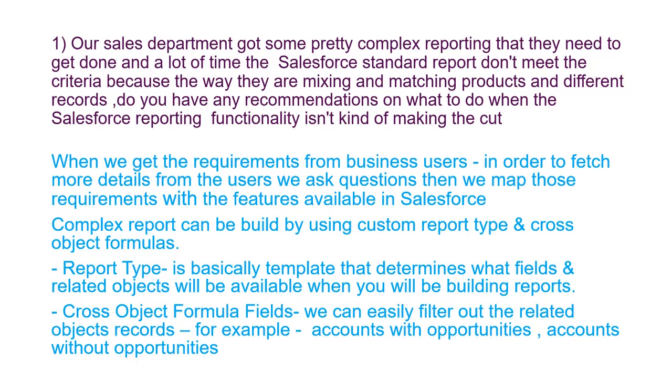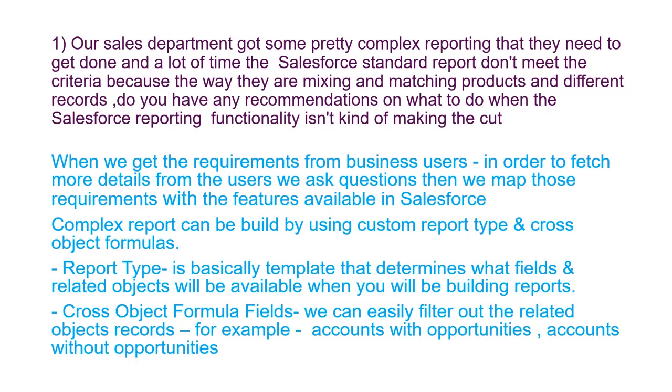For cross-object formula fields, we can easily filter out the related object records on the reports. For example, if you are interested in accounts with opportunities, we can just use the cross object formula, and we can display the accounts with opportunities or accounts without opportunities.